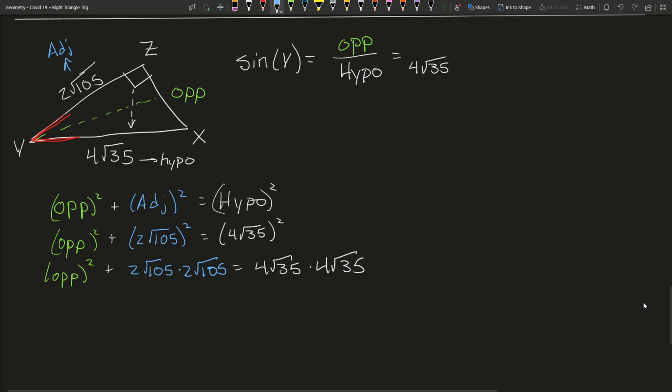So in blue, in order to simplify this, we do 2 times 2 first. That's 4. And then we do the square roots together. So square root of 105 times square root of 105, that's just 105. 4 rad 35 times 4 rad 35. Again, we do the 4s first, that's 16. And then rad 35 times rad 35 is just 35.